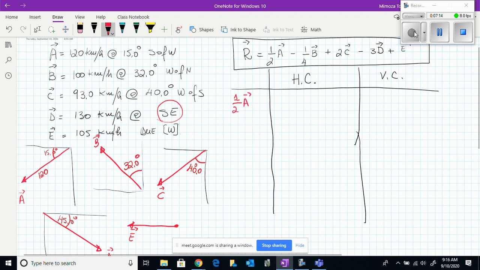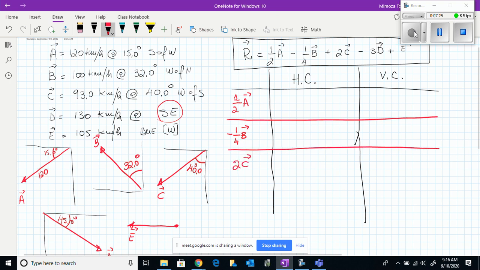Okay, so then what we have is 1/2A. And then we continue with negative 1/4B. And then it is 2C. We continue with negative 3D.